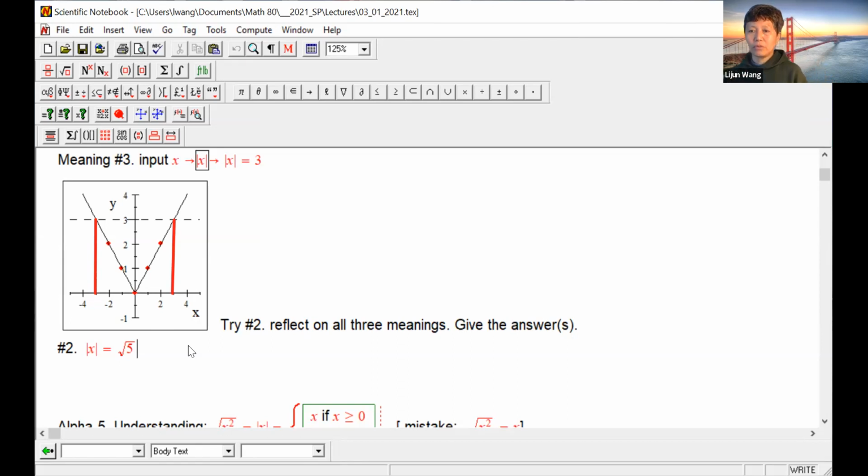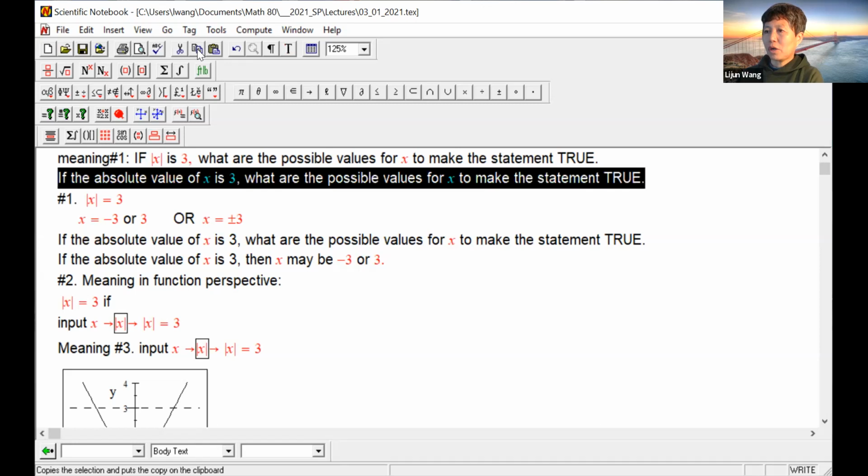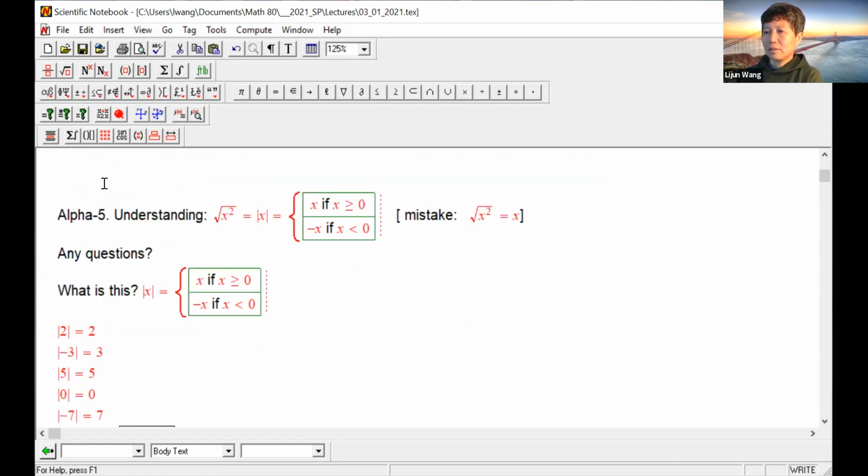So you reflected on the 3 meanings, right? So if we think about these 3 meanings, the first meaning, if the absolute value of x is √5, all you do is copy the entire sentence.